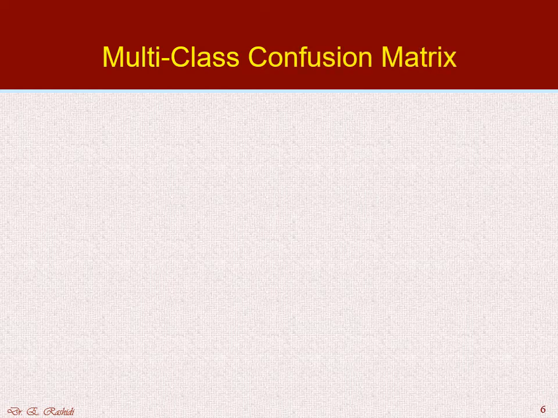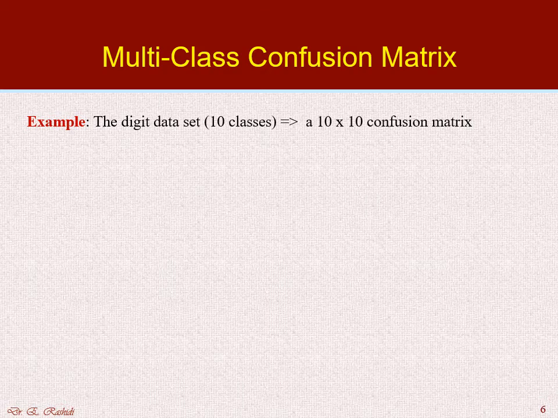Confusion matrices for multi-class classification problems. Let's see an example of a confusion matrix for a multi-class classification problem, which here is the digit data. In the digit data, there are 10 classes of data, class 0, class 1, class 2, up to class 9.